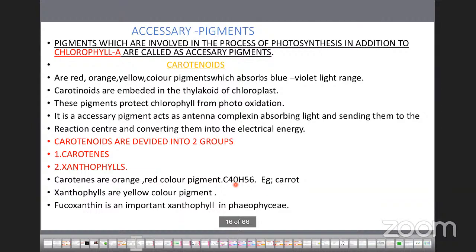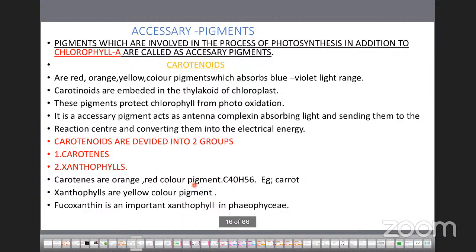Examples are carrots, which are orange in color, and tomatoes, which are red in color. So in those parts we can observe the carotenes.